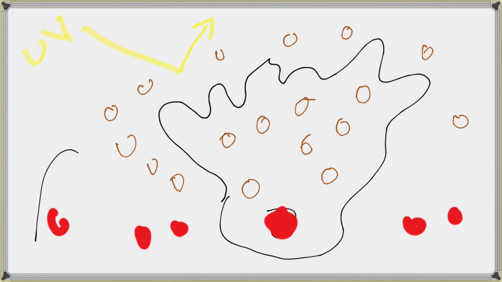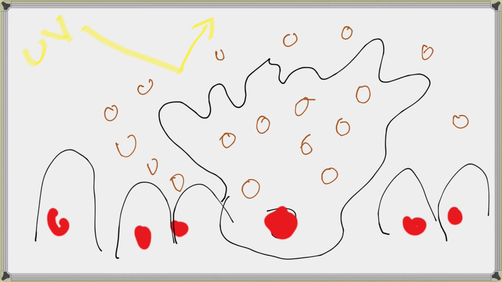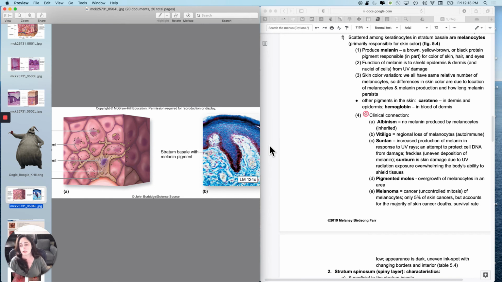So these are maybe a whole bunch of keratinocytes, and I want to protect all of these nuclei. So not only do I protect myself, but I also protect them, and they take in some of the melanin that I have made. And the more melanin you make and secrete, the better protection your nuclei have.